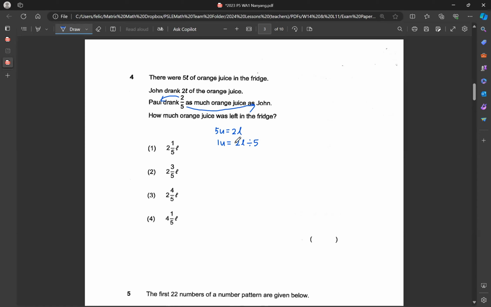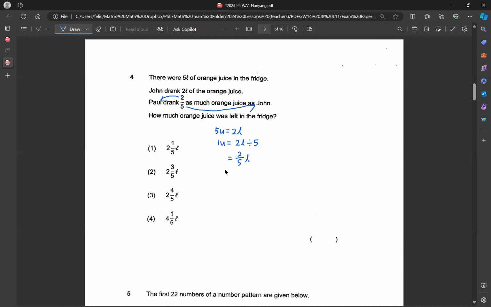You have to be aware that a division is actually a fraction itself. So 2 divided by 5 means 2 over 5 liters. This is how we express the division as a fraction on its own without having to convert to milliliters. So 1 unit, we have it there.